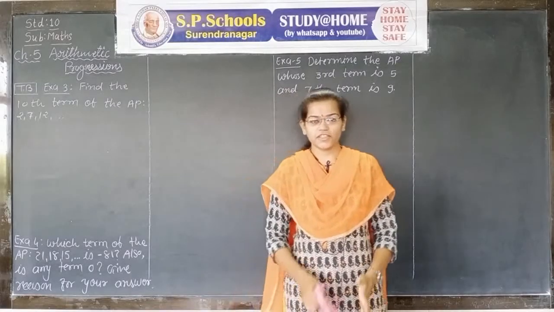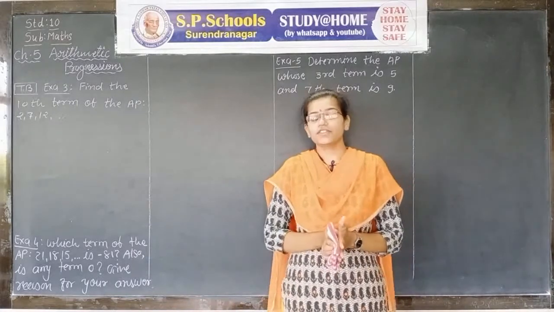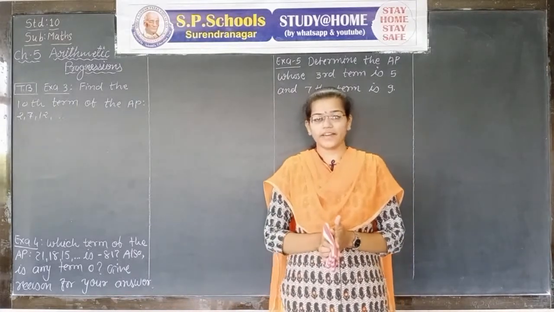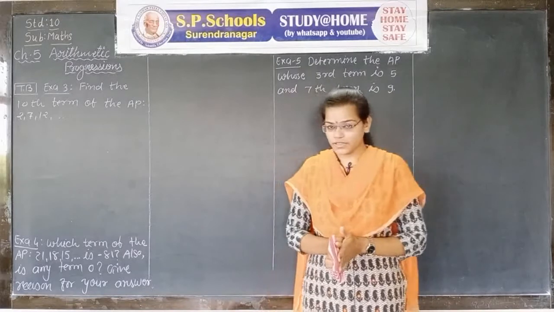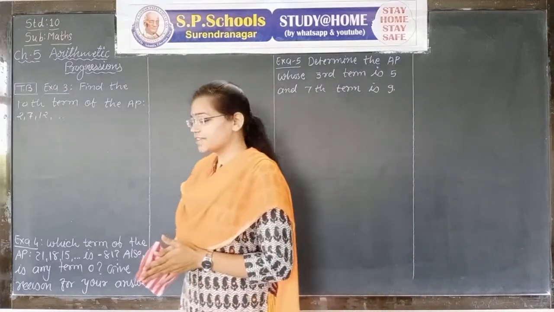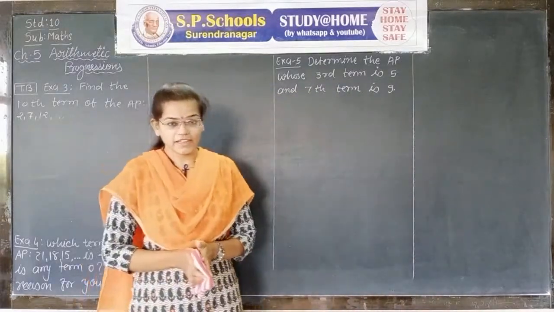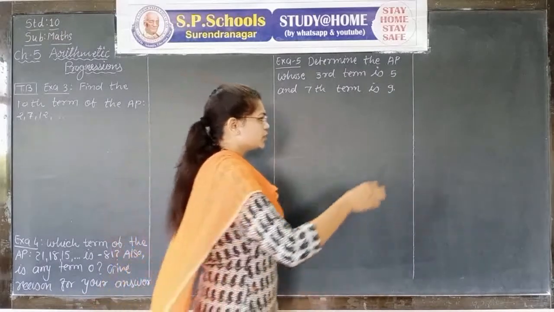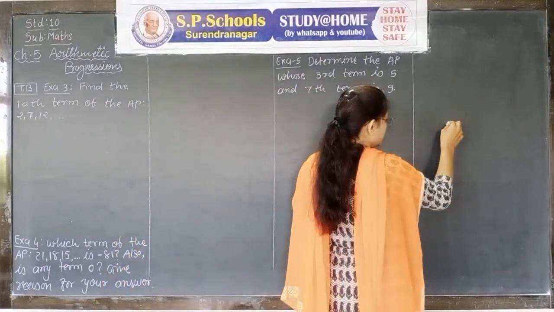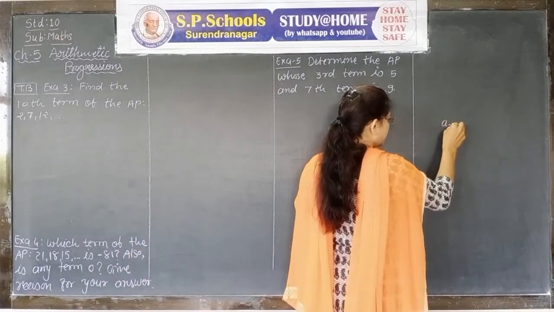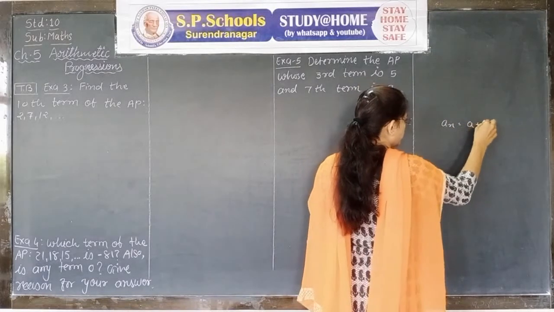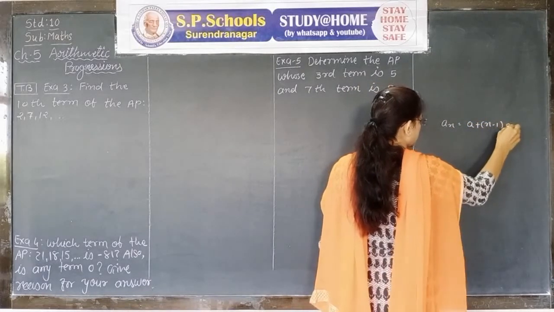Students, in the last session the theory of the general term, the nth term of an arithmetic progression, was completed. Let's see some examples related to the nth term of an arithmetic progression. The formula is an equals a plus n minus 1 into d.